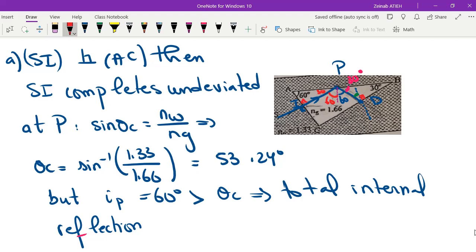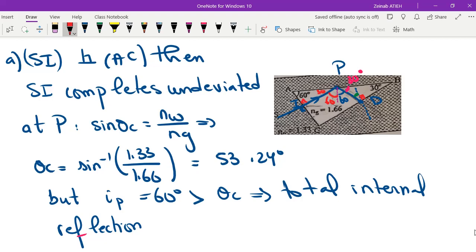So the angle at P is 30, the angle at B is 30, the angle at D is 90 plus the green one. So the green one equals 180 minus 90 minus 30 minus 30, or 90 minus 30 minus 30.